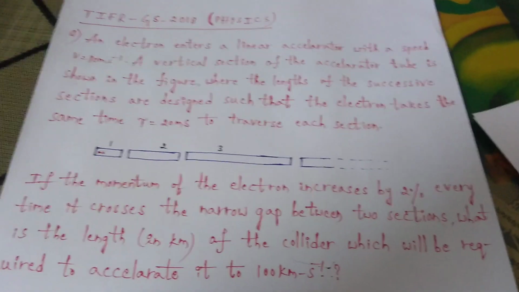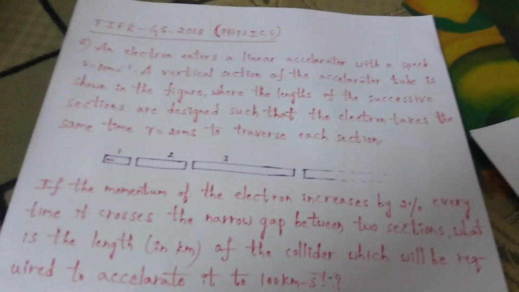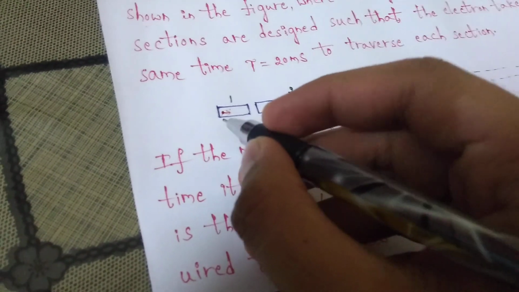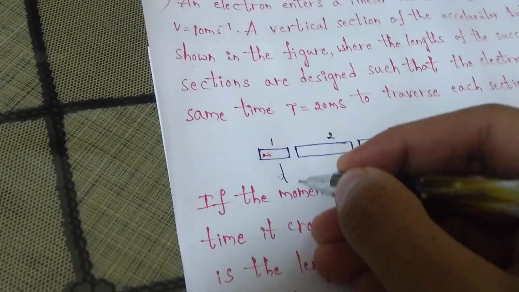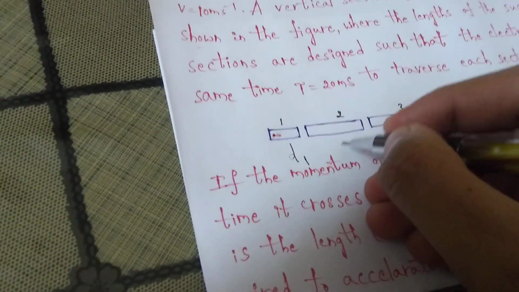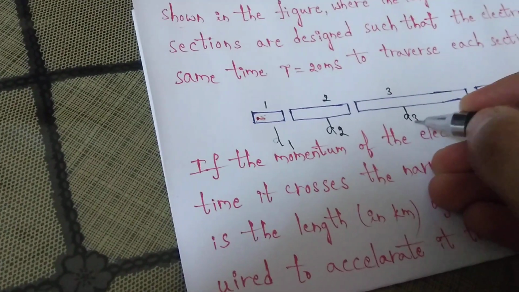Okay, this is a very interesting problem. Very little physics is involved, but more mathematics. Okay, let's get started. Let us say the length of this section is d1, this length be d2, this length be d3, and so on.